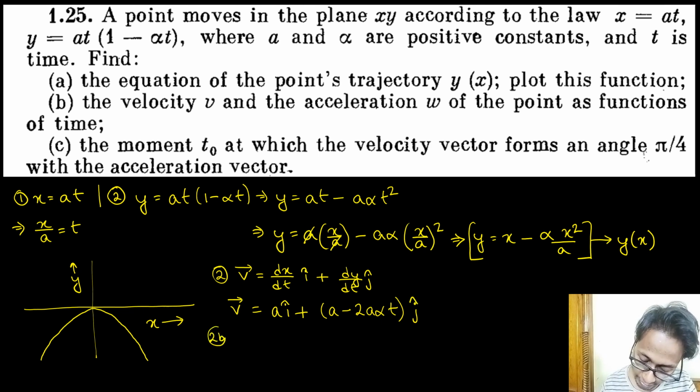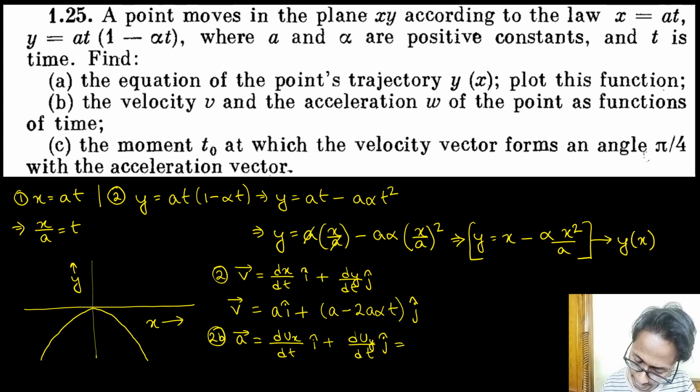Now part B, find the acceleration vector. Acceleration vector is nothing but the rate of change of the x component of velocity, dvx by dt i, plus the rate of change of the y component of velocity, dvy by dt j. What is dvx by dt?